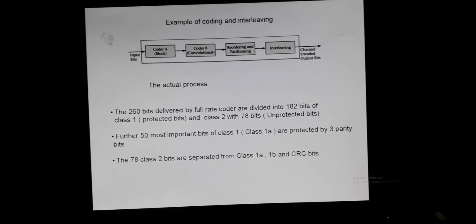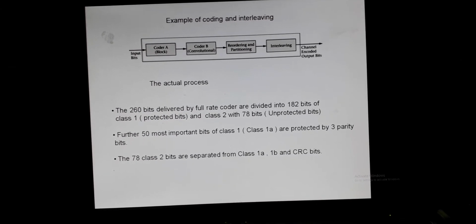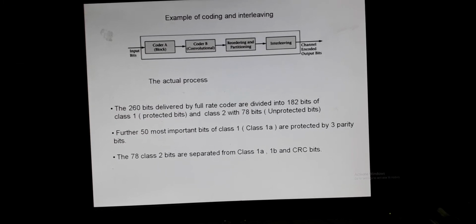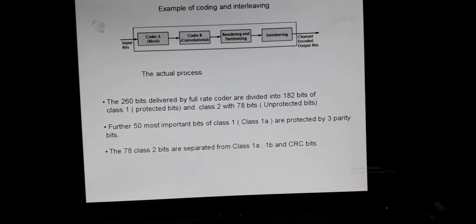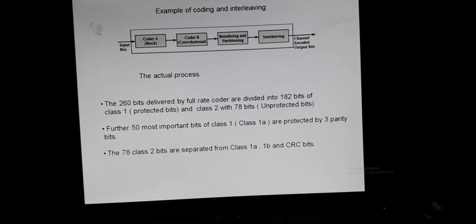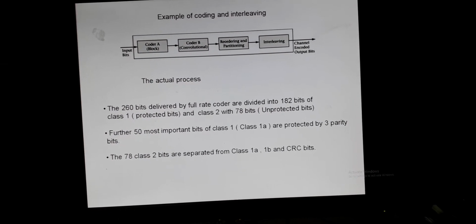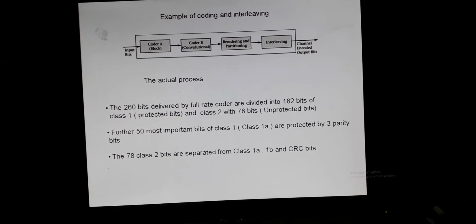Initially, suppose we have 260 bits, divided into 182 bits in class 1 and 78 in class 2. If you add 182 plus 78, it will be 260. Now take out the 50 most important bits of class 1, or class 1A, with 3 parity bits. Another 78 bits are taken in class 2.